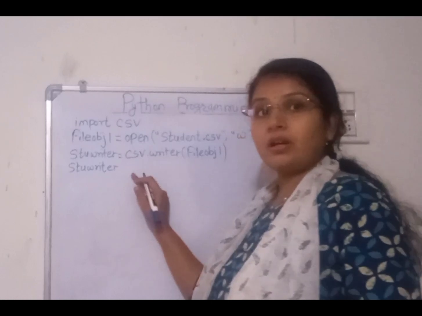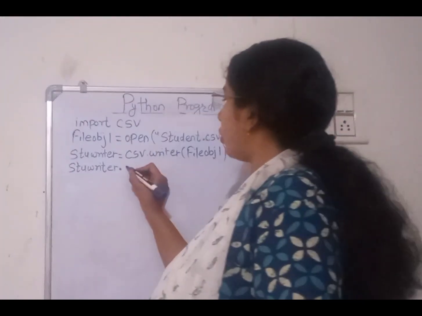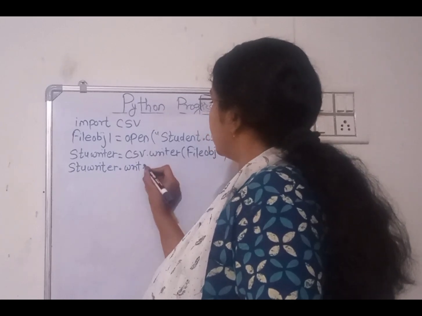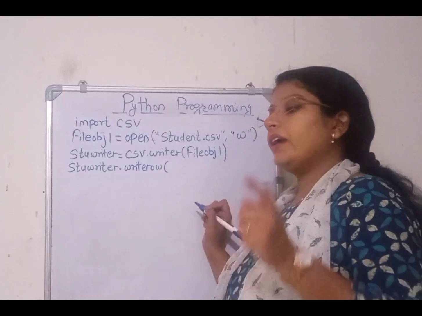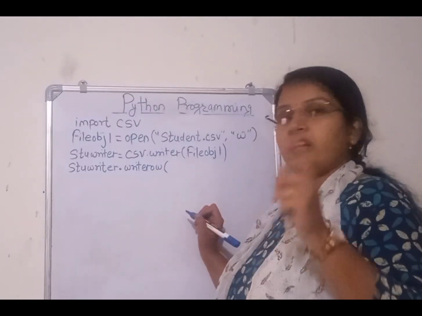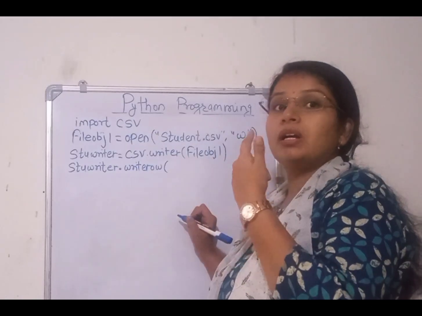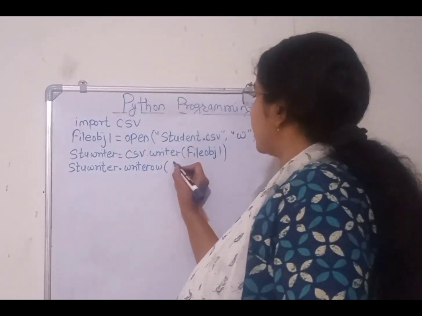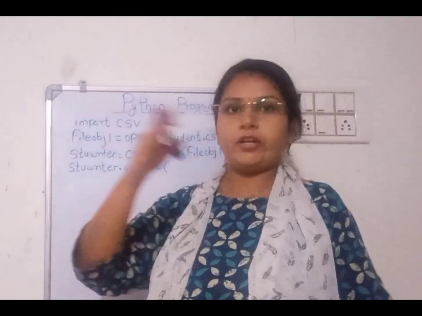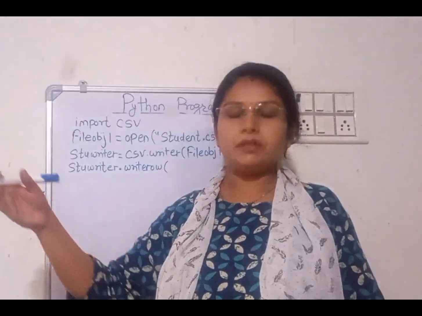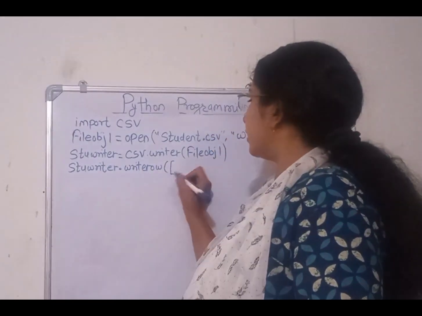So stu_writer, just mention your writer object. Using the dot operator, call the writerow method, right? And in that writerow method, just write one row, those fields you want to write in your CSV file. So here I want to write 3 attributes or 3 column names one by one, and that will be in list format. So how to write in list format?